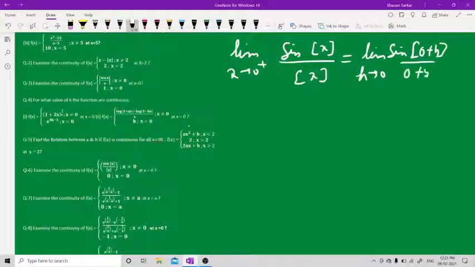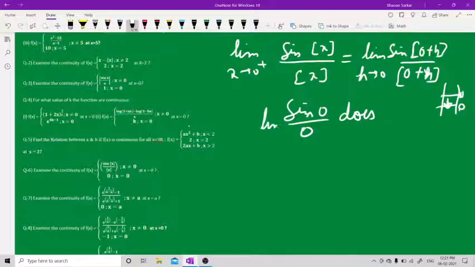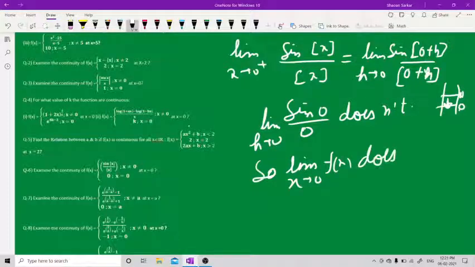Take the ladder: between 0 and 1, what will come? The floor will be 0. So write sine 0 upon 0, which does not exist. This is limit h tending to 0, does not exist. So the limit does not exist, don't do anything else. No need to show the left hand limit also. Limit x tending to 0 f(x) does not exist.